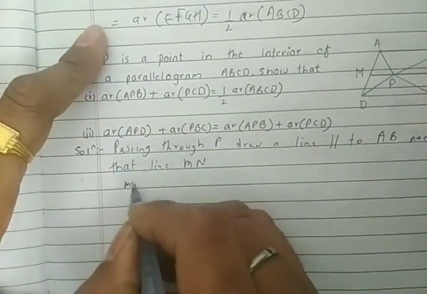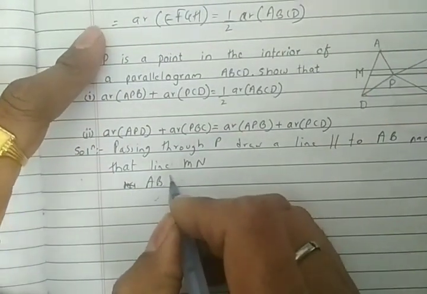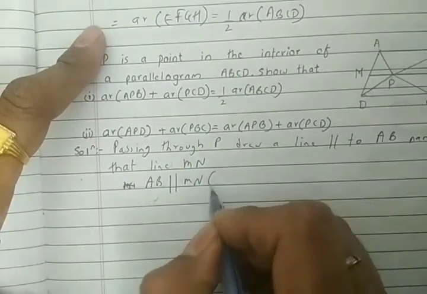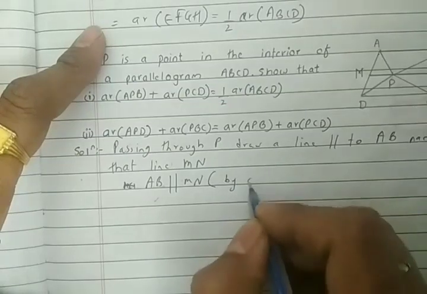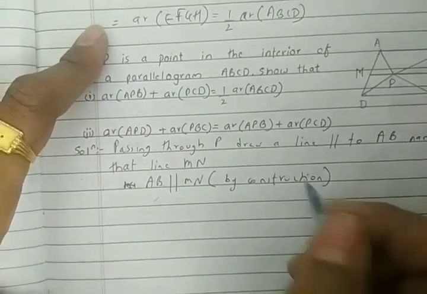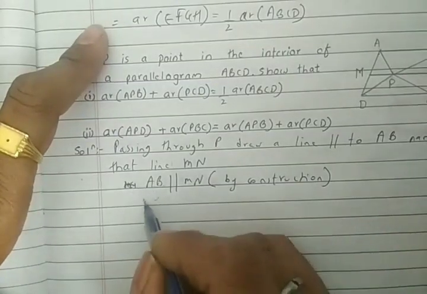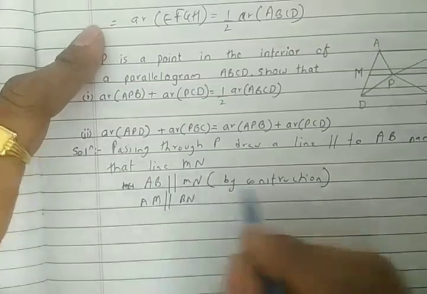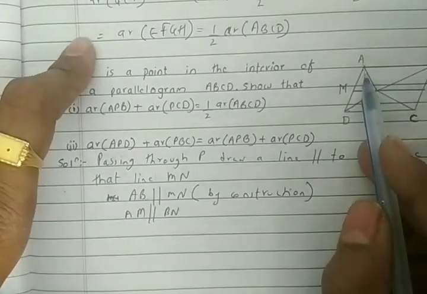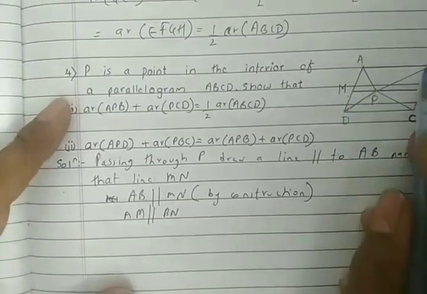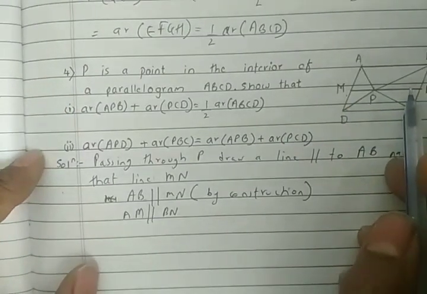Now AB is parallel to MN. This is by construction. We will write the reason. By construction it is parallel, and AM is parallel to BN. Why?